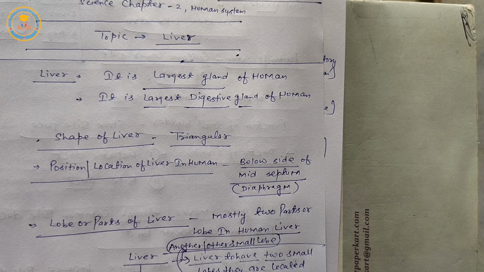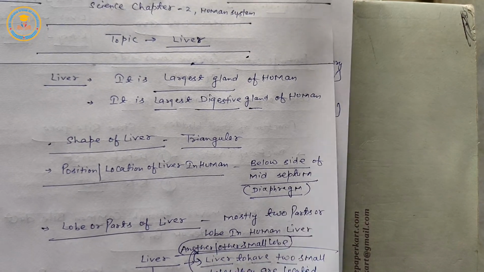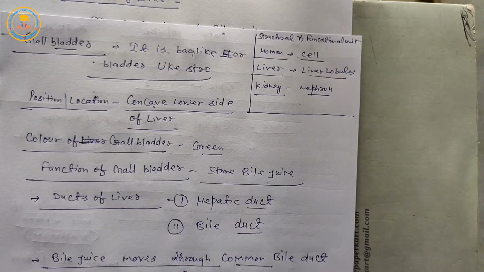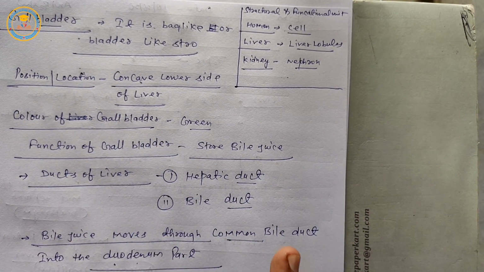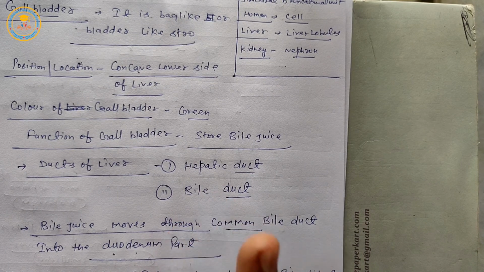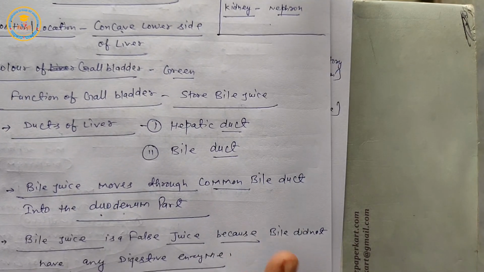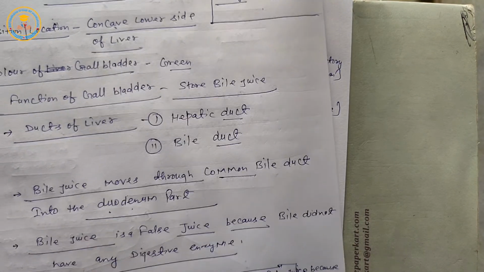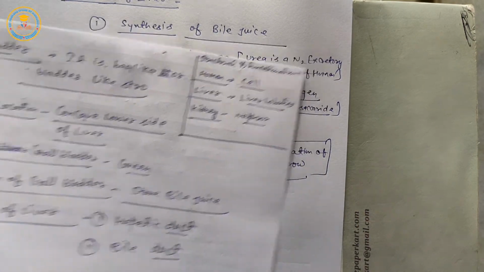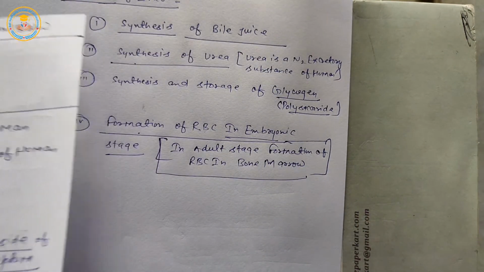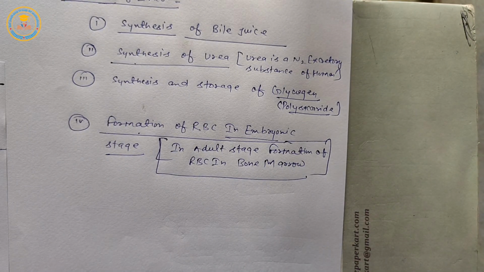First of all, introduction: shape, location, next lobes, next some small lobes, next inside structures, gallbladder, function of gallbladder, ducts of liver, next specific juices in humans, specific structural functional units of humans, next some specific functions of human liver.